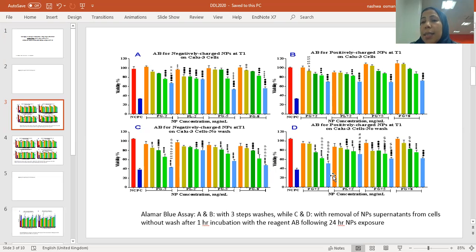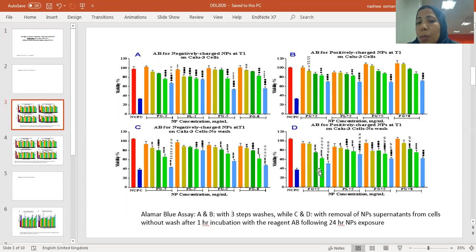What we're expecting is still some nanoparticle on the surface of the monolayers. And what you can see from the differences is slightly higher, or better, results with the 3 wash steps. You can see a narrower error bar, slightly higher than what you see with no wash step.